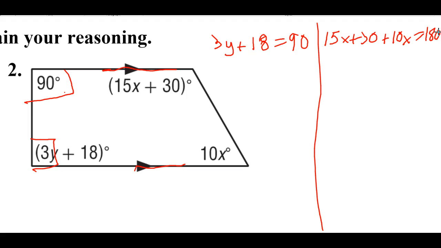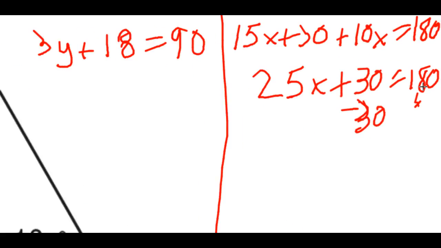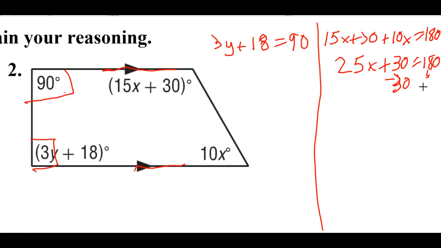So what do I have here now? 25x plus 30 equals 180. We'll subtract 30 from both sides over there. So I have 25x equals 150, and then we divide by 25.